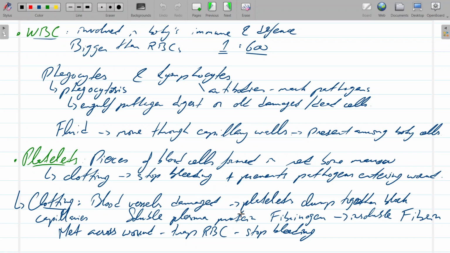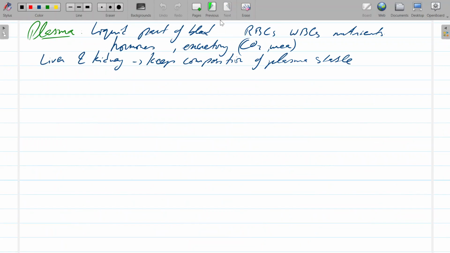A soluble plasma protein called fibrinogen is converted into its insoluble form called fibrin. It forms a net that traps red blood cells in it, and so that stops the flow of blood out. It stops the bleeding and also the entry of unwanted particles, whether it be pathogens or dust or anything else.